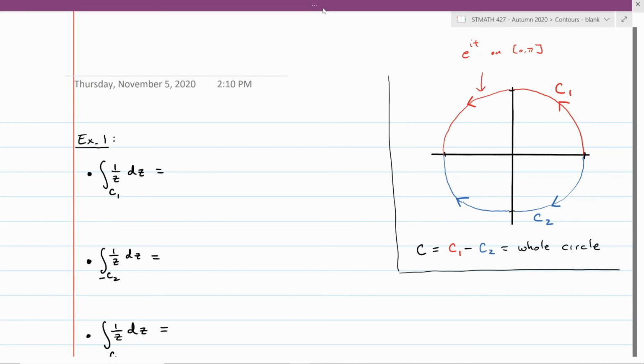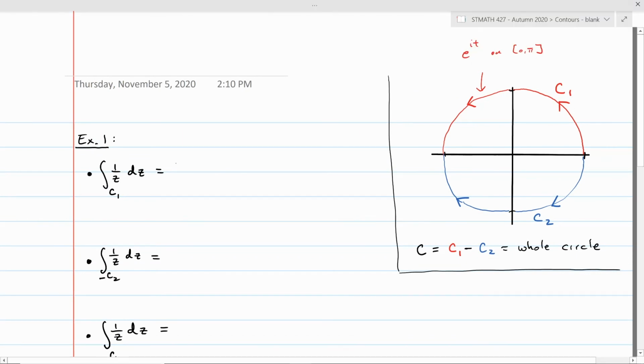So with that parameterization, the integral along C1 of 1 over z dz becomes the integral from 0 to pi. 1 over z along that curve is 1 over e to the it. And then dz is i e to the it dt. Notice that those e to the it's cancel, and you end up with the integral from 0 to pi of just i dt, which is just pi i.